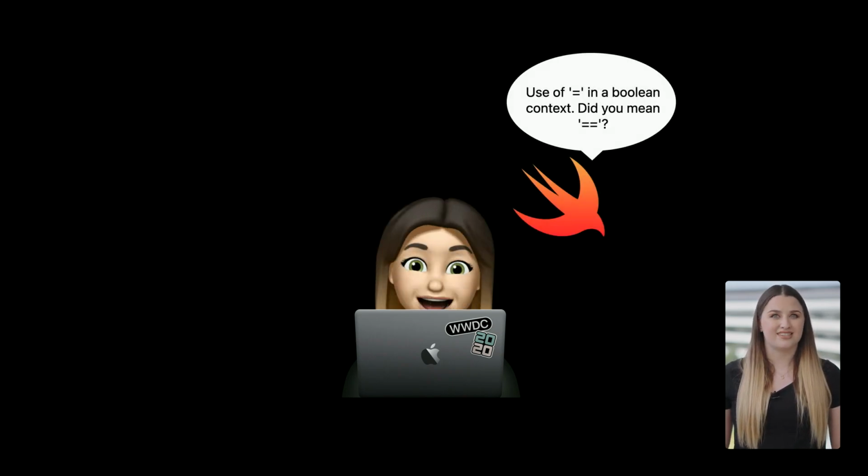Now, we have all had frustrating moments when trying to fix compiler errors in our code. But error messages are designed to be like a pair programmer that is built into the compiler to catch your mistakes and help you fix them, rather than allowing you to continue on with that error in your code. Let's jump over to Xcode to see how to work with these tools to fix errors while writing Swift code.